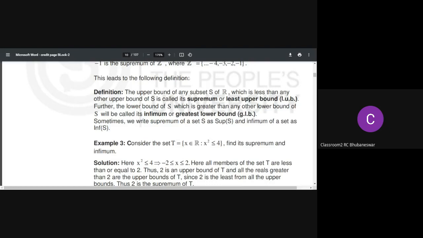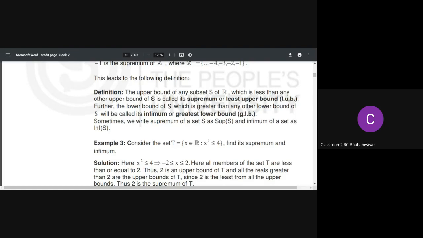For this definition, we take any subset S of the set of real numbers R. The upper bound of S which is less than any other upper bound of S is called its supremum or least upper bound.